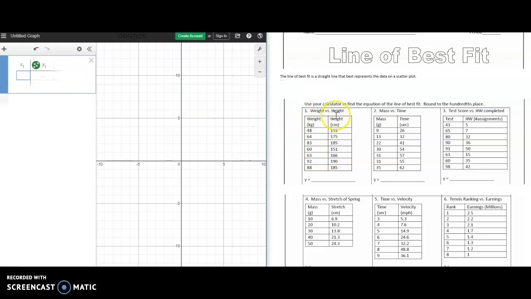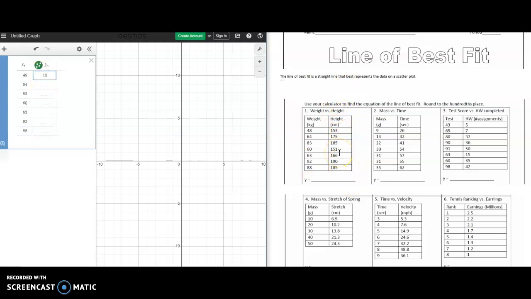So we want to make a scatter plot of the weight versus the height for number 1. So I'm going to go ahead and plug in that data. I'm going to say 48, 64, 83, 60, 63, 92, 88. So I went ahead and plugged in all my x's, and my y's is going to be my height.